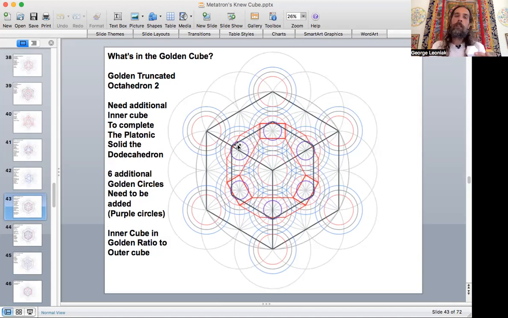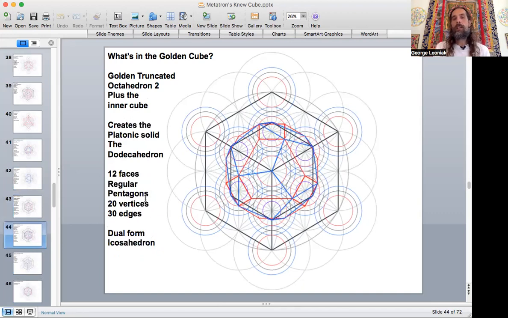This one is stopping at the phi ratio point on these little circles. So we are introducing a new cube inside the cube, and that allows us to pick up the vertices that we need to create our dodecahedron from this perspective. So there's our next Platonic solid.